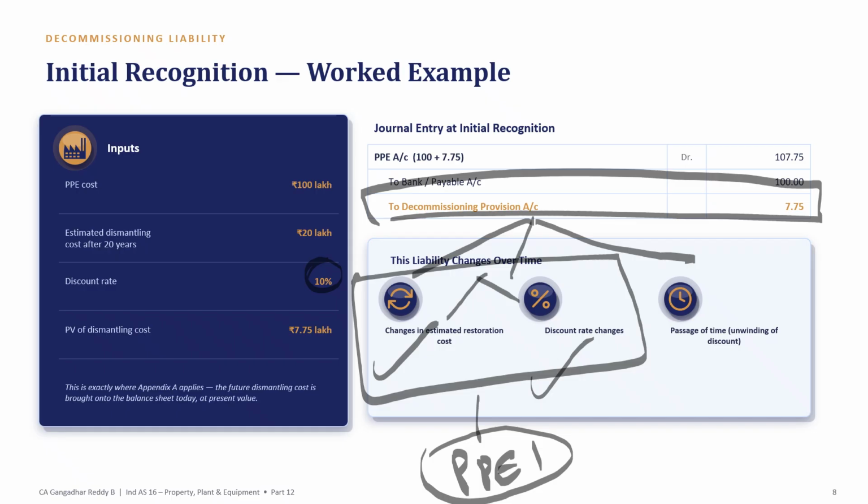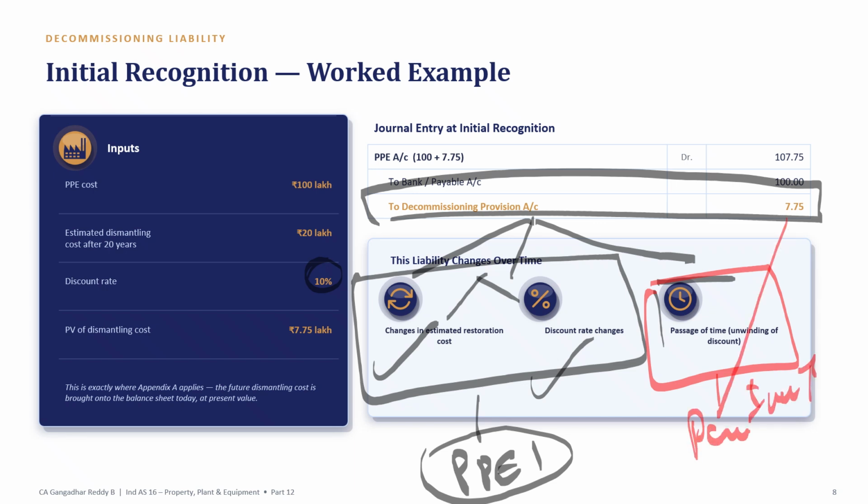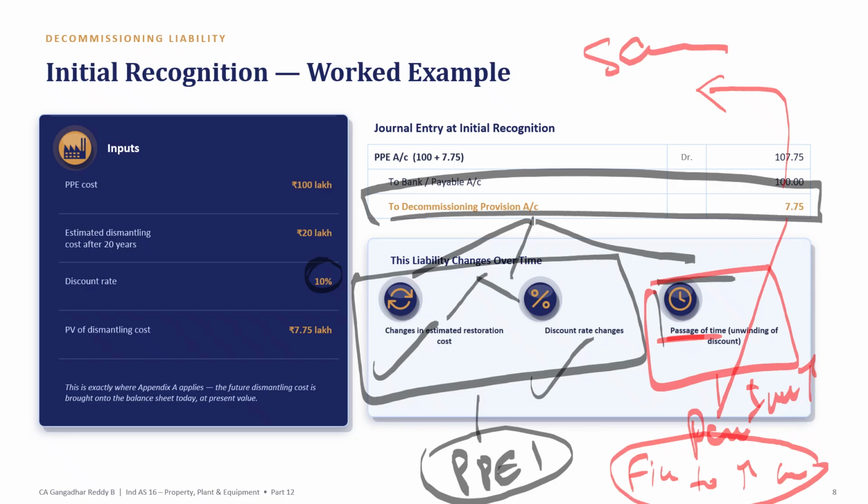But if this change is due to passage of time, the liability has to pay the interest, so for this interest increase due to passage of time, you have to incur the interest. Because of that, there is no PPE effect, directly finance cost with an increase in liability. This is the general entry. We discussed this several times in our previous videos.